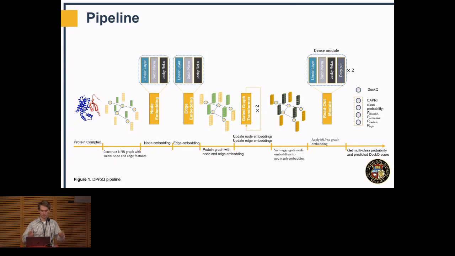Then once we have this initial latent protein graph, we'll use our new gated graph transformer multiple times to update these node and edge embeddings. And then in the final layer, we will not update the edge embeddings, but just predict new node embeddings, use some aggregation on those node embeddings to get a single latent representation of the protein complex structure, and then train the last few layers of the model to regress the DocQ score as a scalar value, and also the class probabilities for the CAPRI categories.